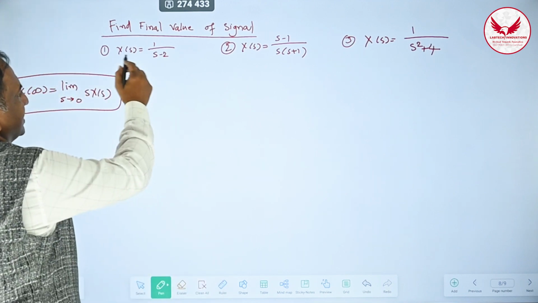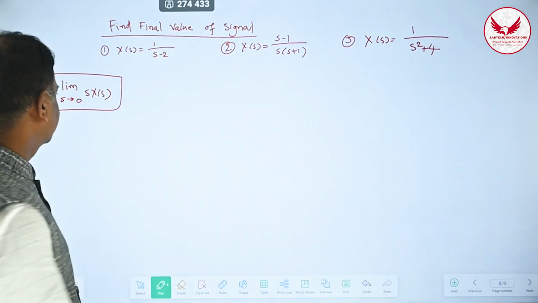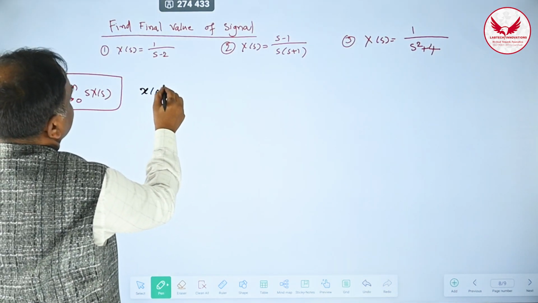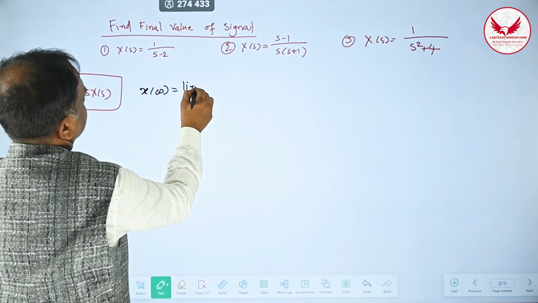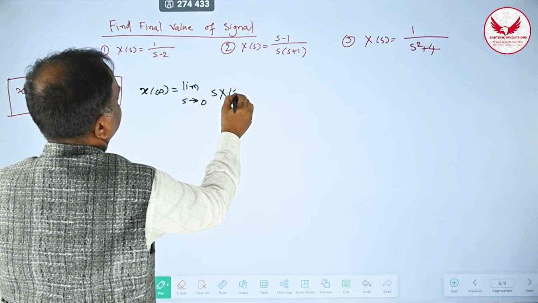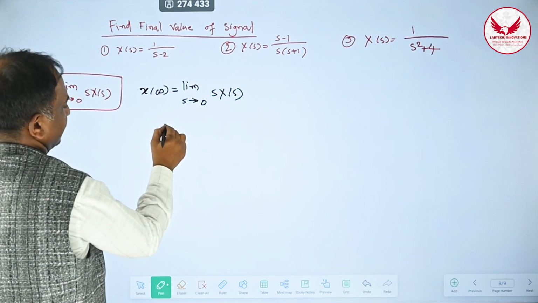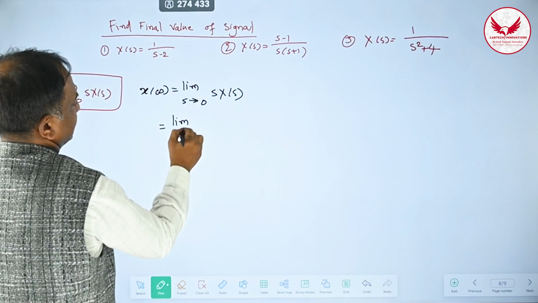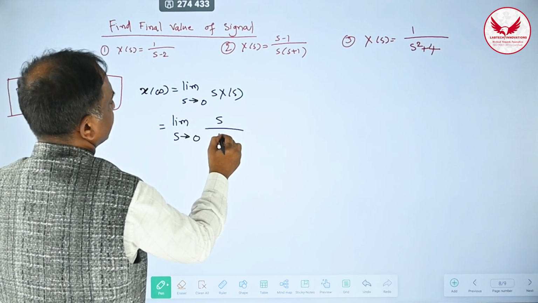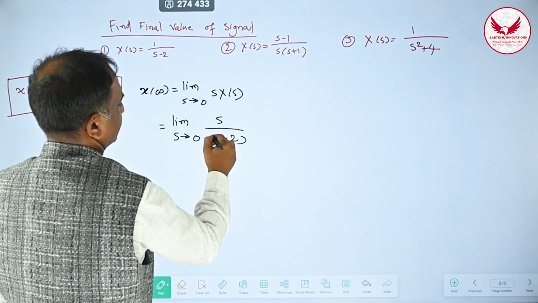The first problem is x of s is equal to 1 upon s minus 2. Just using the formula, x of infinity is equal to limit s tends to 0 s into x of s, and x of s is already given: 1 upon s minus 2.